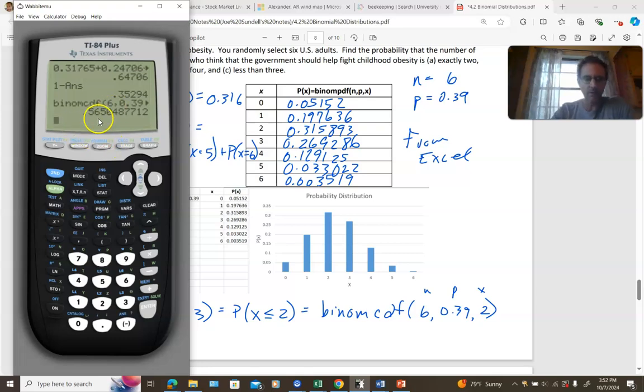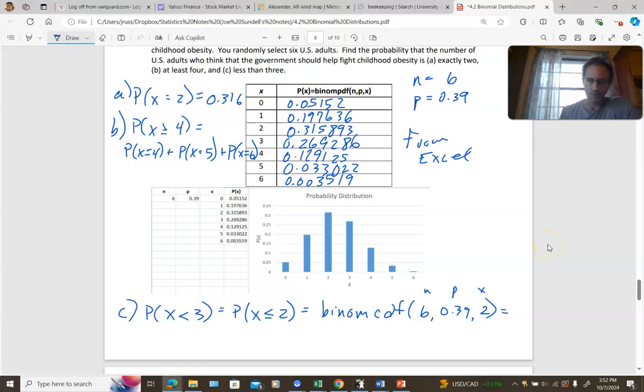We're going to get this value. And if you notice, this value is close to what you would get if you added up these values right here for x from 0 all the way to 2. In fact, if you add these up, you should get this. To 3 decimal places, this is roughly 0.565.